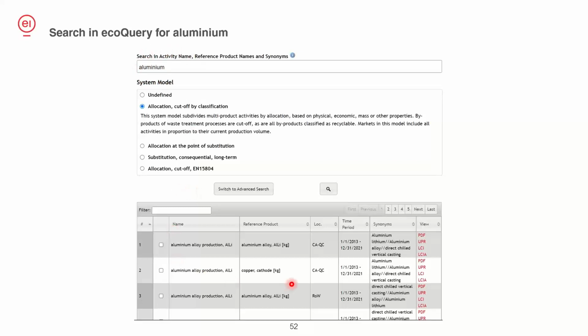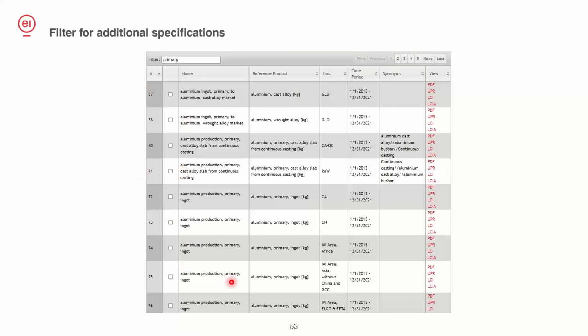There is a long list of available activities that produce some aluminium product. If you know more information about aluminium, if you remember in the beginning, we discussed the specification of the product or the type of technology. So if you know further specification, for example, here, if you know that it's a primary aluminium coming from virgin materials, not recycled with any recycled content, then you can filter for primary.